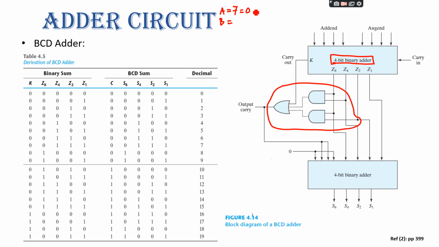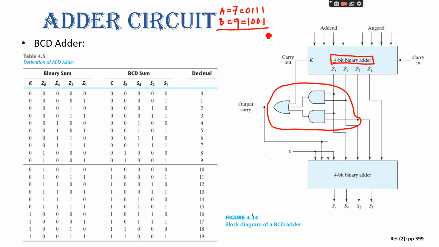So what will be the binary form of it? 0111. And any other number? 9. Okay, 9 is given by 1001, right? Yes, sir. So now if you add them together, what will happen?